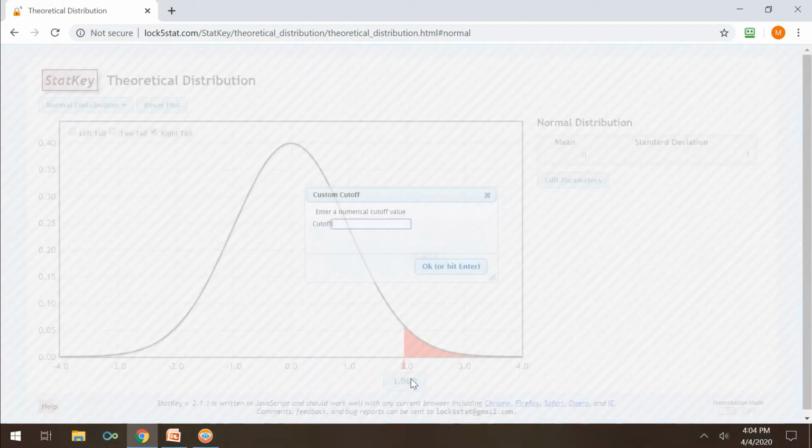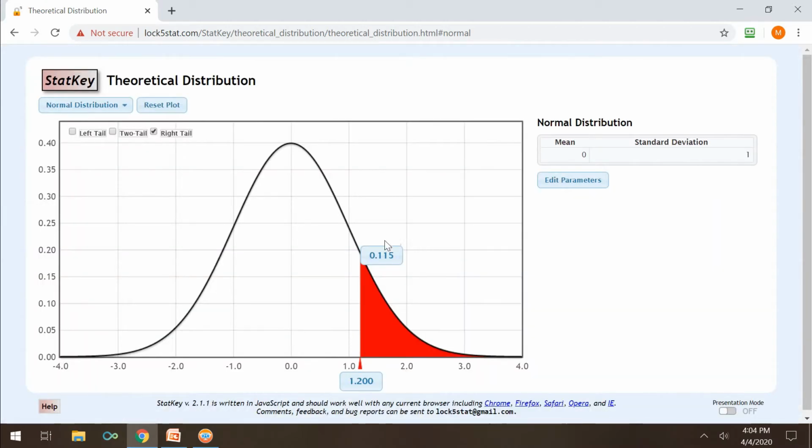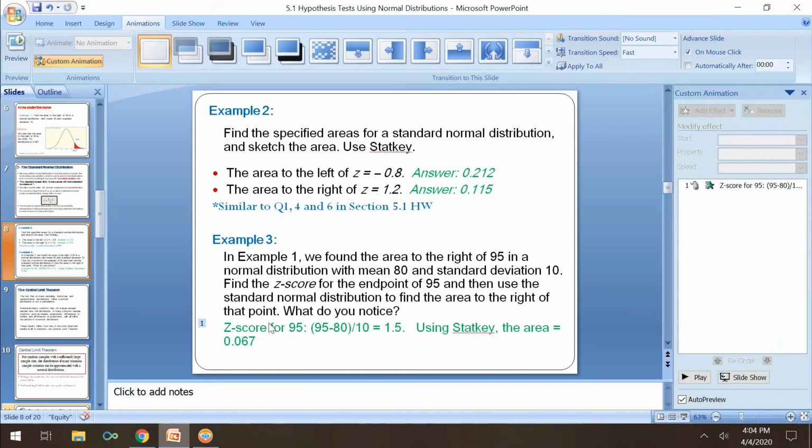So right of 1.2. And the area is this number here, 0.115. And this is it, so it's the same method. The only difference is that the mean will be 0 and the standard deviation will be 1.